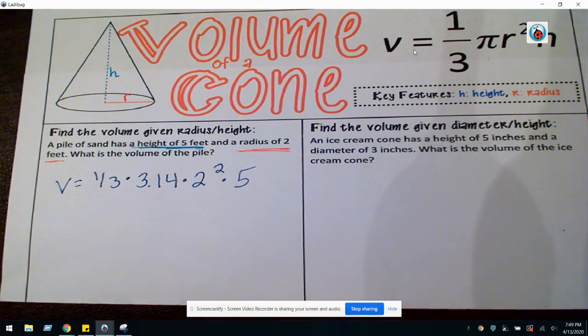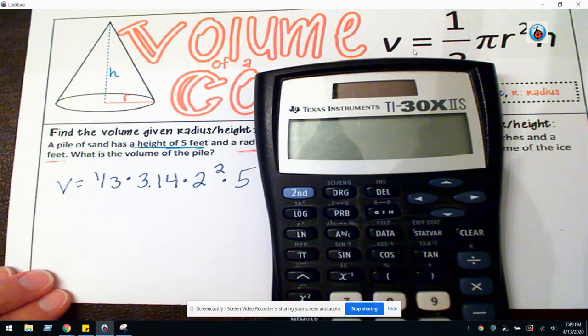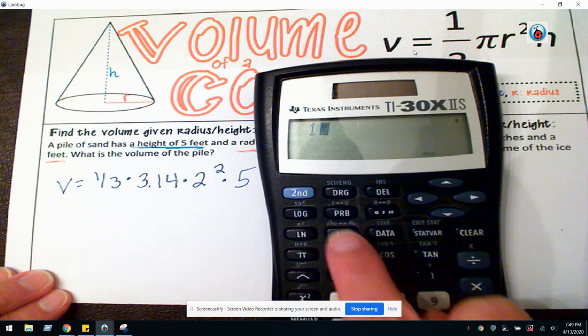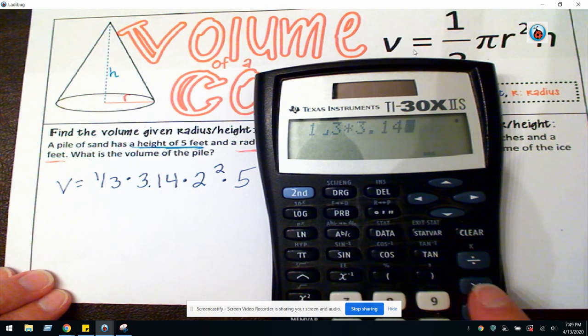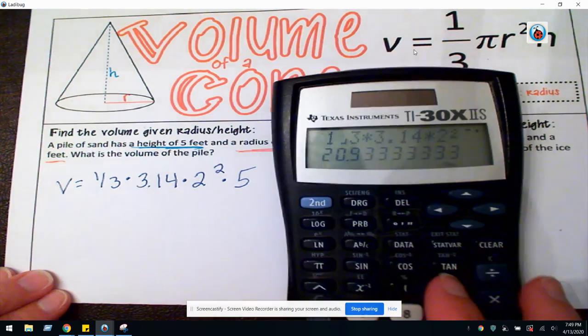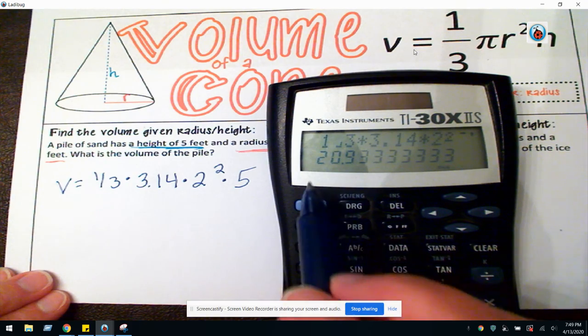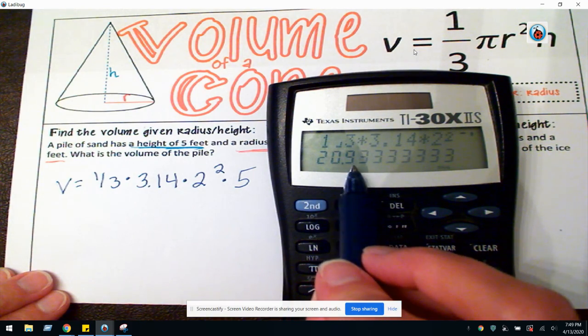I'm going to put it in my calculator. So 1/3, this is how we make the fractions, that ABC key, times 3.14 times 2 squared times 5. Just put the whole thing in. We're going to round to the nearest tenth here, so this will be 20.9.